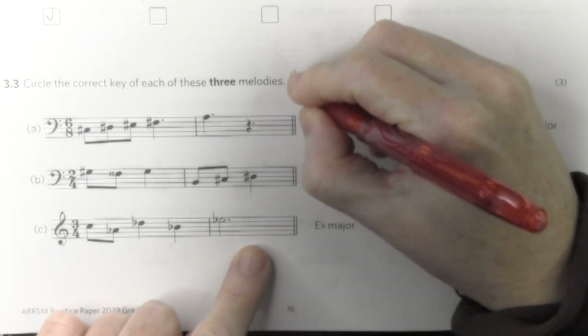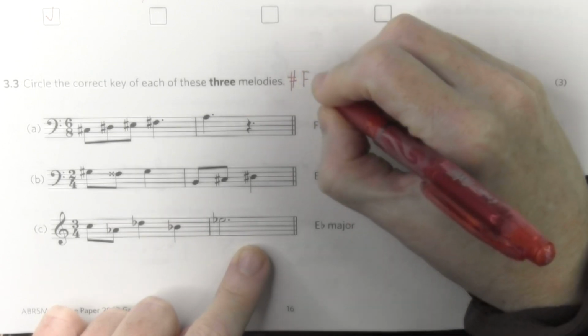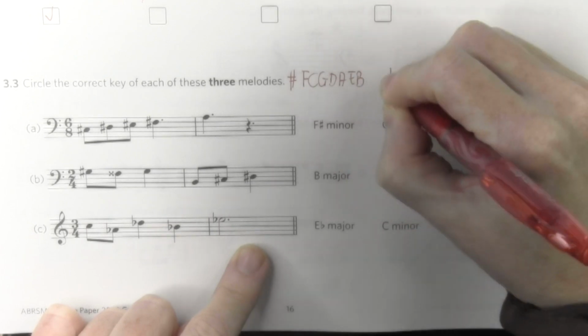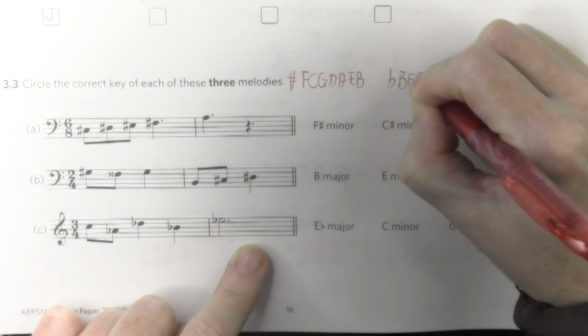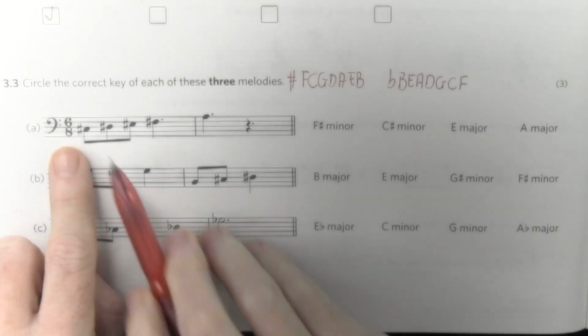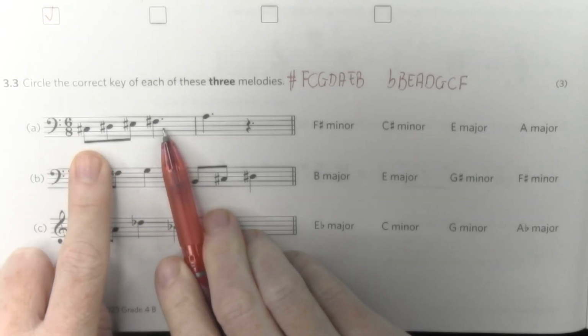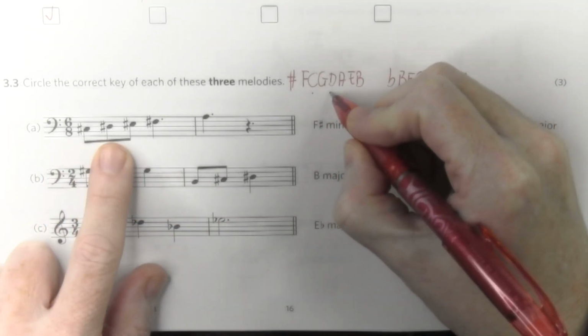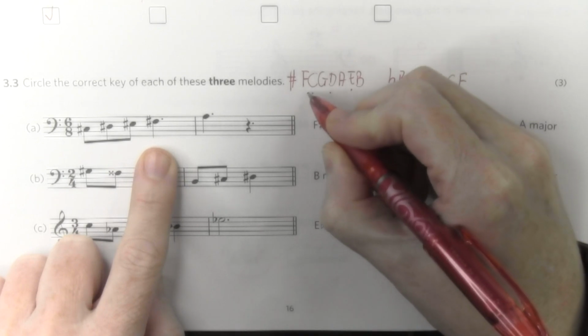We need the order of flats and sharps, fun, coloring, gigantic drawings after eating breakfast, and then si, mi, la, re, sol, do, fa. Brilliant. We have sharps in this melody. We have do sharp, re sharp, mi sharp, and fa sharp.